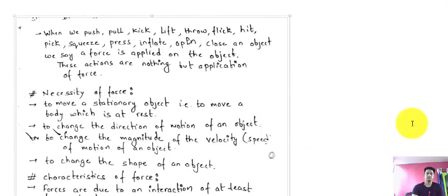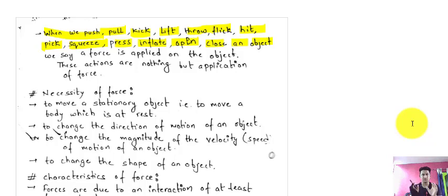Now comes a little bit of theory that you must know about the topic, the force system. When we push, pull, kick, lift, throw, flick, hit, pick, squeeze, press, inflate, open, or close an object, these are all applications of forces.